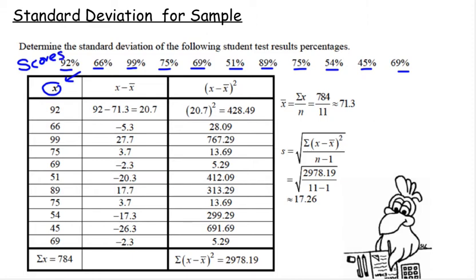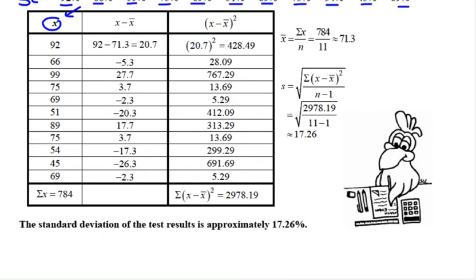Then in the next column, you're going to calculate the difference from the mean. So before you can do the next column, you have to find the mean. So this is what's off to the side. This is the calculation for mean. Let me explain. The sum of x means this column right here.